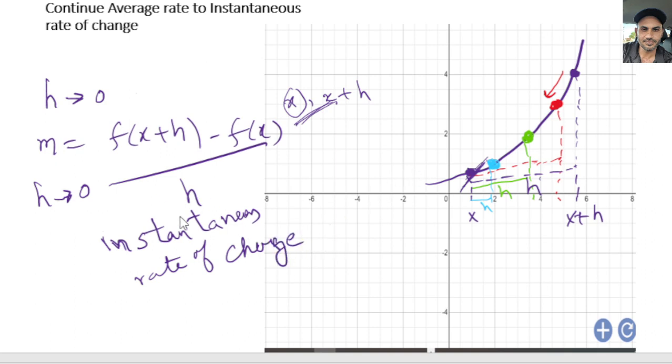Okay, so h is really, really small, and the average rate of change becomes the instantaneous rate of change. So this right here, the line becomes a tangent to point x, and the slope of this line represents the instantaneous rate of change at x. So as our interval size shrinks to almost 0, this tangent line slope becomes the instantaneous rate of change.